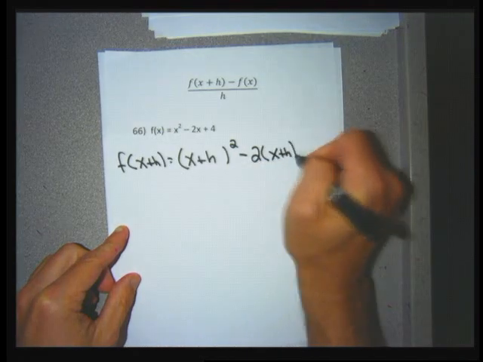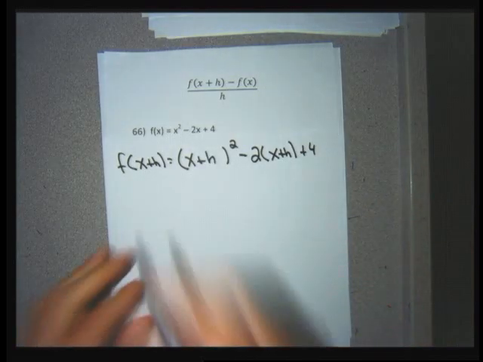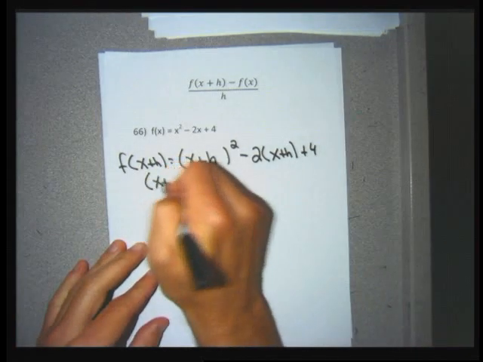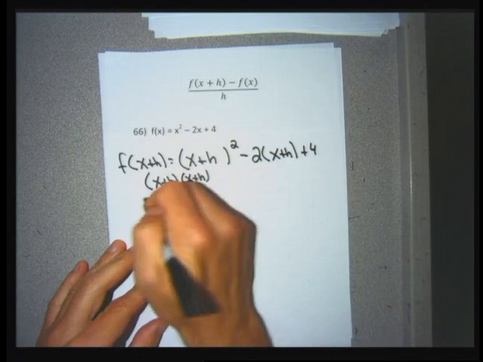Mess to do this. x plus h squared requires foiling, because that's x plus h times x plus h.